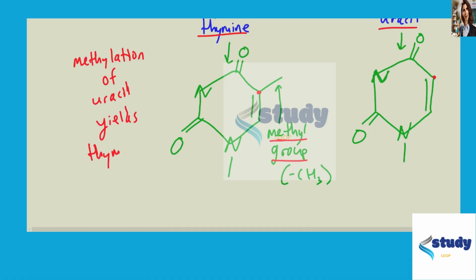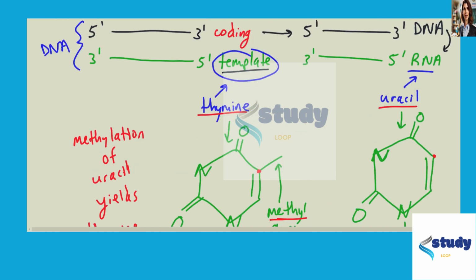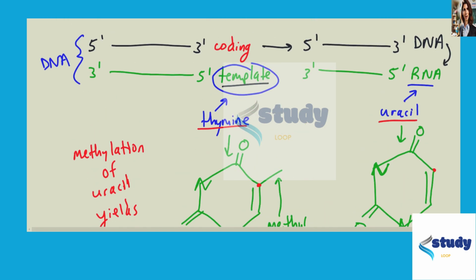And of course, as we know, the template, once again, the DNA template and the RNA transcript are going to be exactly the same, except every single place on the DNA template where you saw a T, it will now have a U. So that means that they will never be the same exact sequence, because of course there's the difference between the T and U.